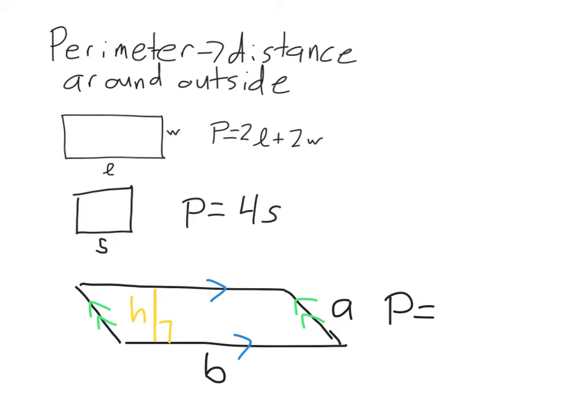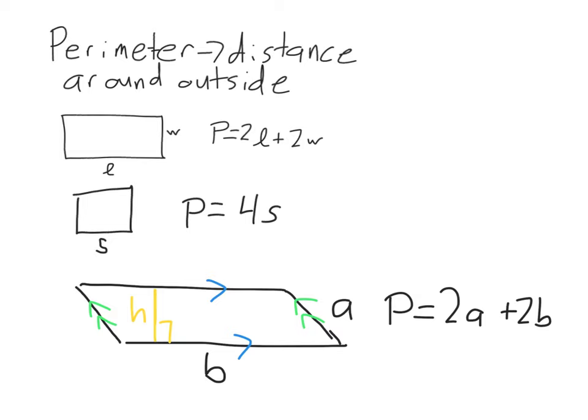It's the A, ain't it? I think. Okay? Think about what perimeter means. Perimeter is what? It's around the outside. So which one of those is not around the outside? The H. So in this one, the height doesn't matter. And what would the perimeter be? There would be 2 length A's and 2 length B's.